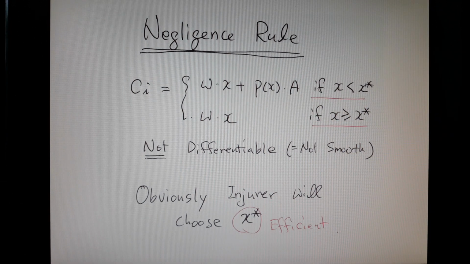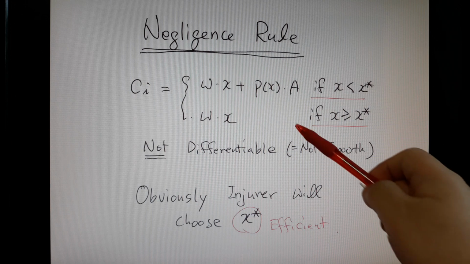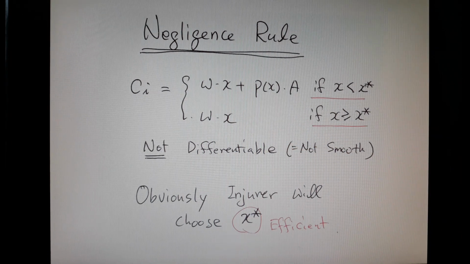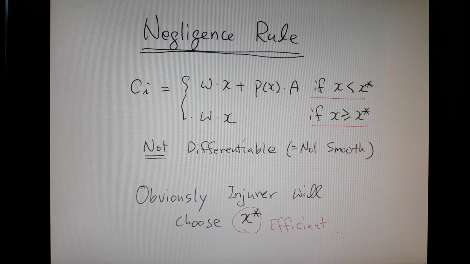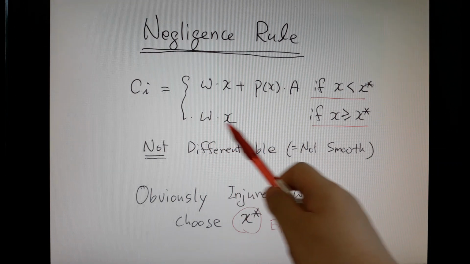You are a driver. You abide by all the rules, speed limit, traffic signal, everything. Still there's an accident. But then the government says you didn't do anything wrong. So sorry for the victim. The government cannot ask the injurer to pay the victim the A. So this would be it.